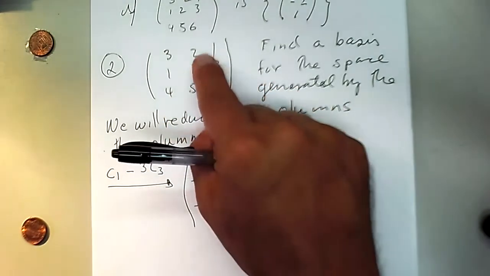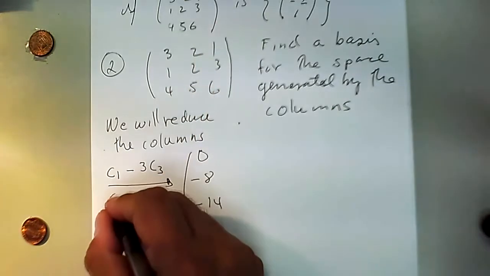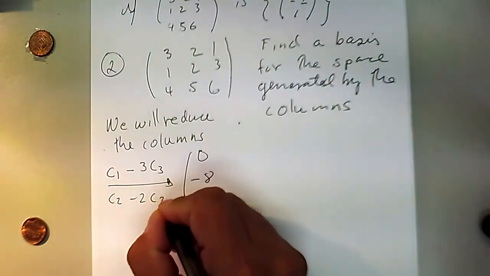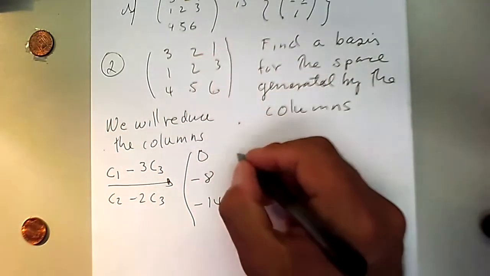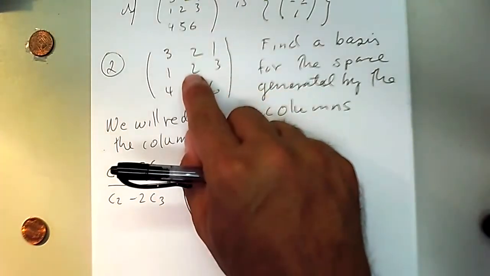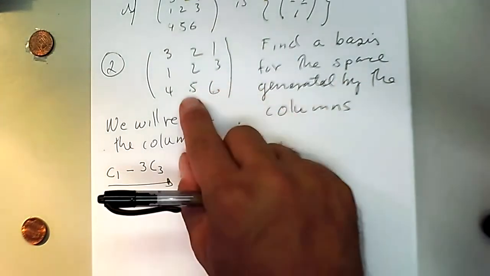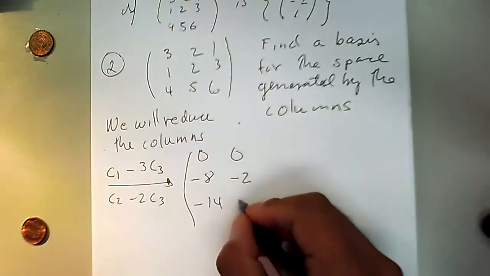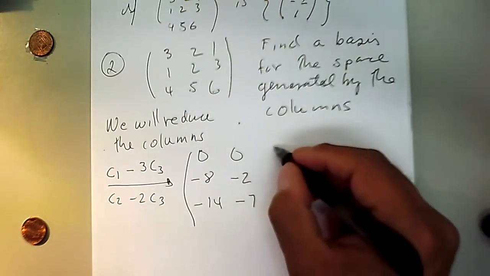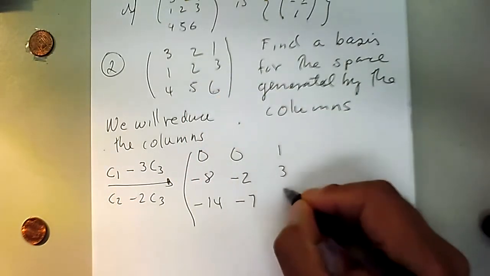Then we're going to take away from column 2 twice column 3. 2 minus 2, 0. 2 minus 6, negative 2. 5 minus 12, negative 7.